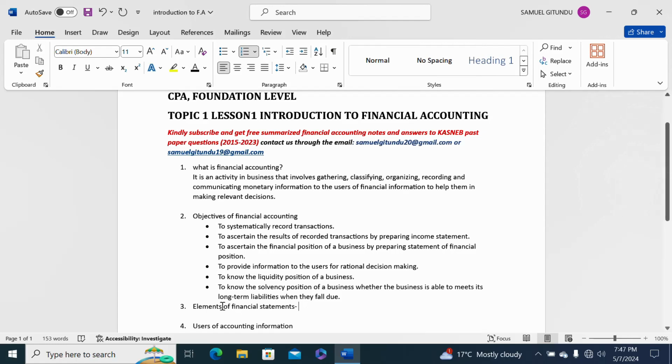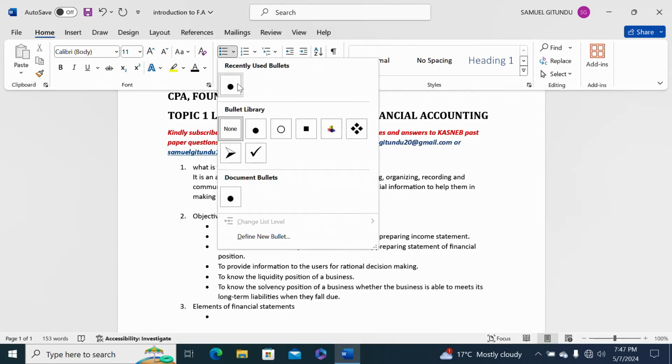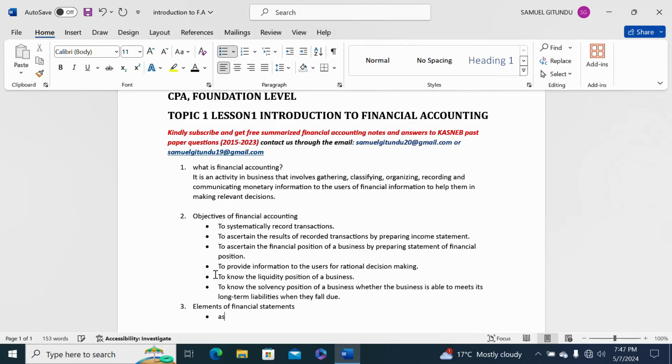Therefore, we are going to discuss what elements financial statements must have. The first element is assets. All financial statements must have assets.